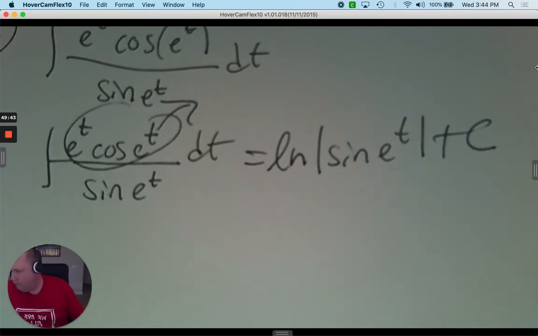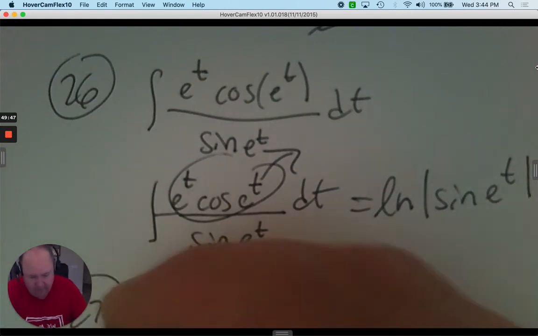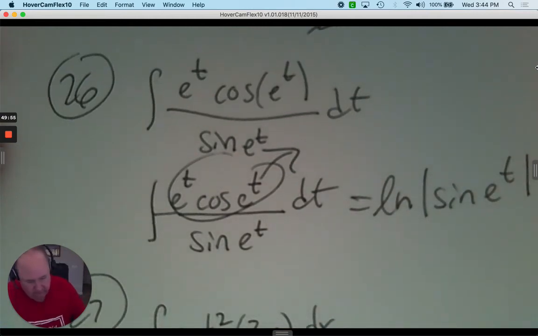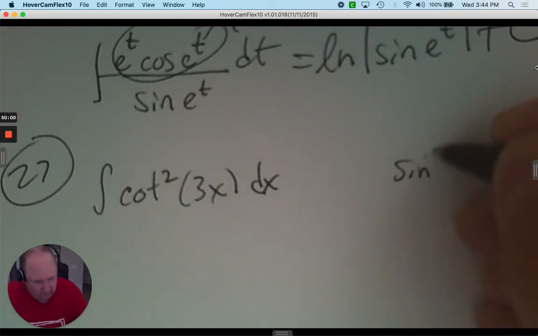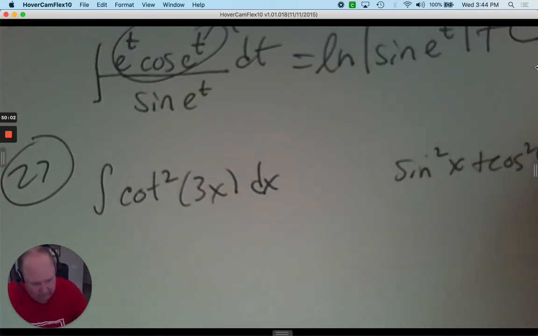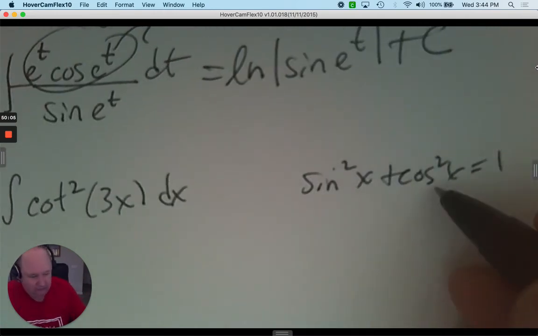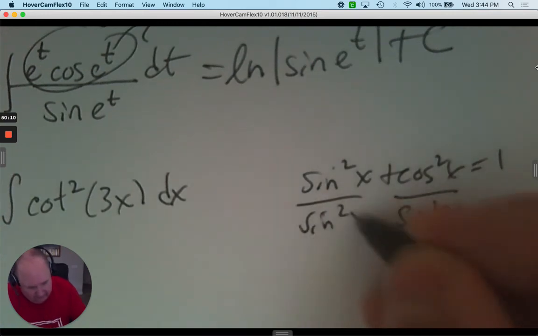For number 27, we're going to integrate cotangent squared 3x dx. And it says you need to make a trig substitution. So let's just do this quick. Sine squared plus cosine squared is equal to 1. I want cotangent. Cotangent is cosine over sine. So I'm going to divide everything by sine.